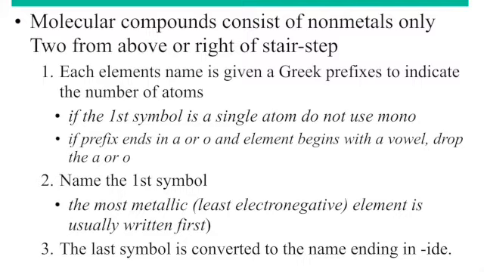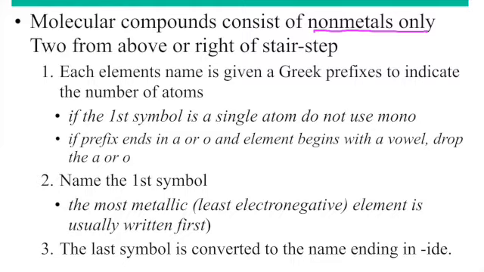For molecular compounds, what you're looking for is the fact that molecular compounds will have only nonmetals. When you look at a compound, what you have to first identify is: is it molecular or covalent? Is it ionic? Or is it an acid? Depending upon what you've identified, you go through a set of rules to name the compound.